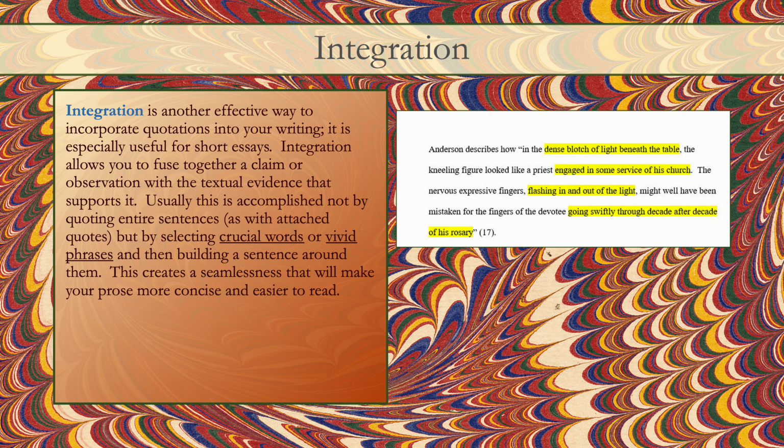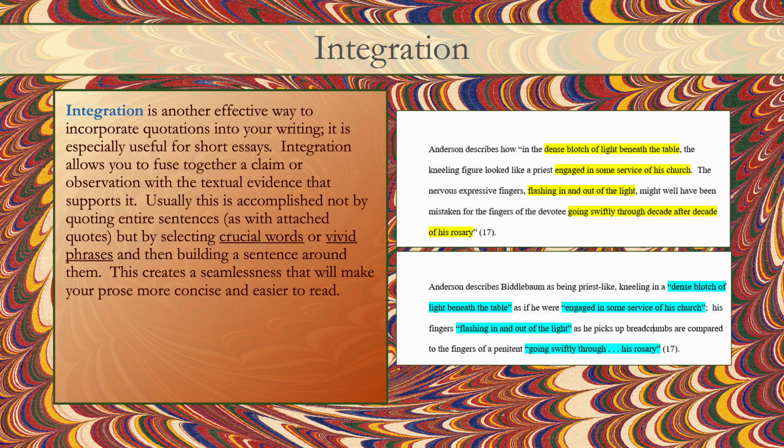And instead of quoting this whole passage or using ellipses to cut stuff out, I just integrated those pieces that I highlighted in yellow. Now they're highlighted in blue as integrated quotes. So you might pause here for a moment, take a look at what I've done, look at the example above, which is not good, look at the example below, which is much better.